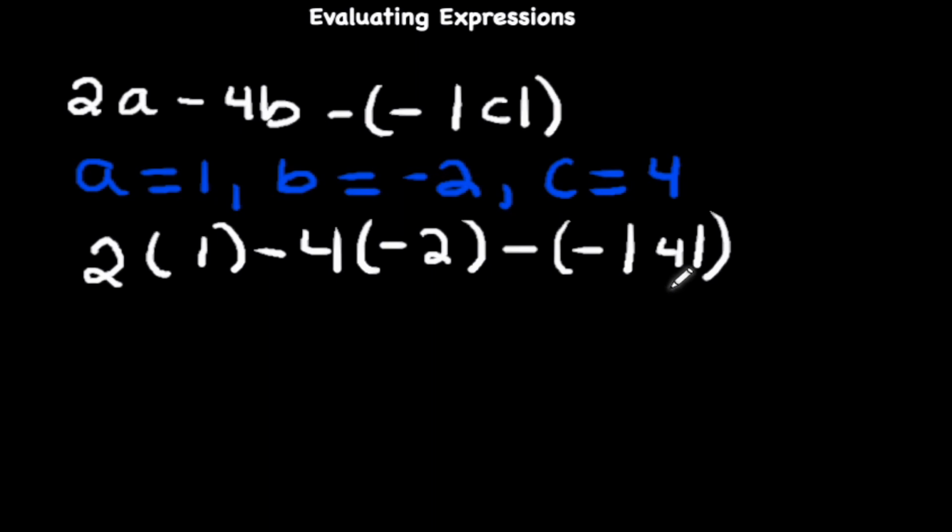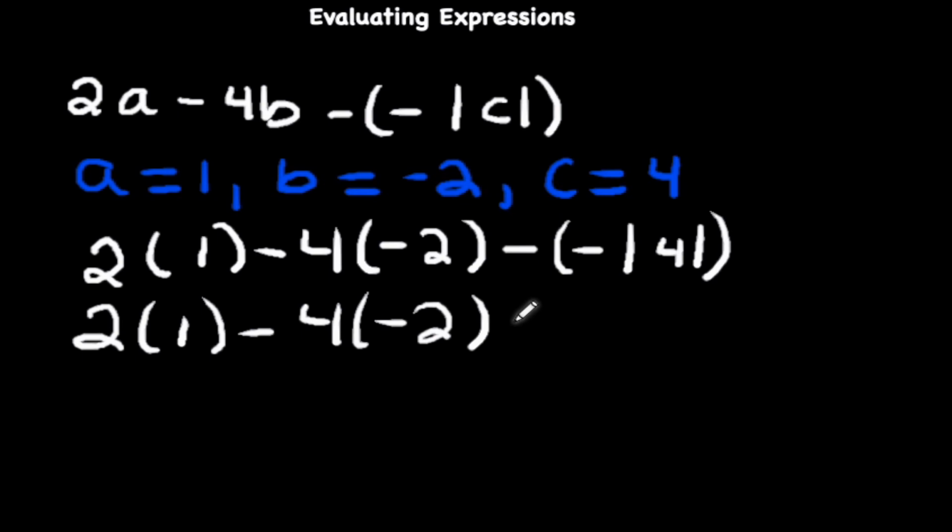So here we have the absolute value of 4, which we're treating as a grouping symbol, okay? So let's go ahead and write everything else out. So we have 2 times 1 minus 4 times negative 2 minus an absolute value of 4 is 4. Okay, so we got rid of the absolute value, okay?